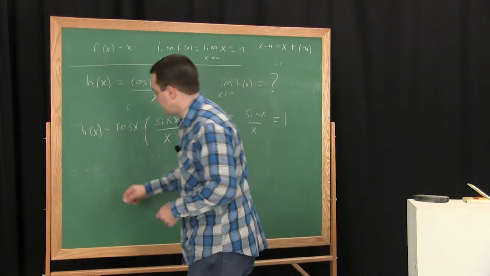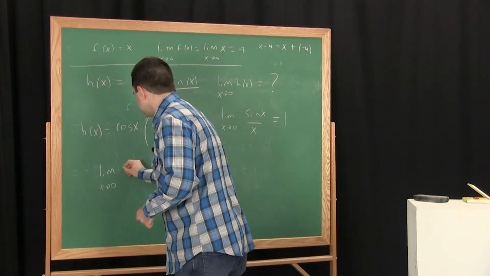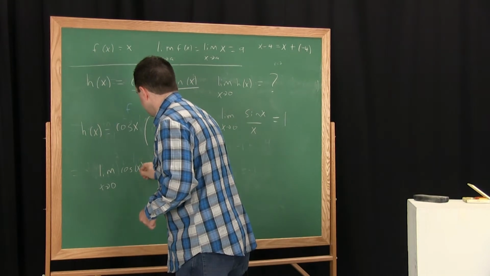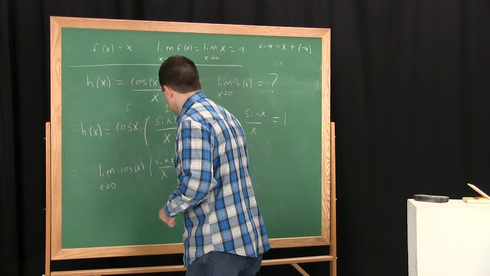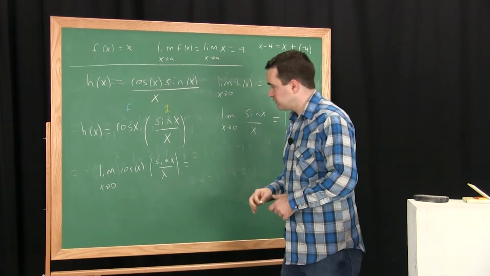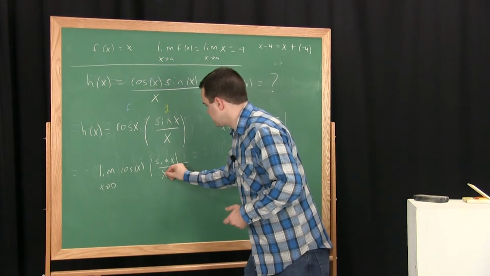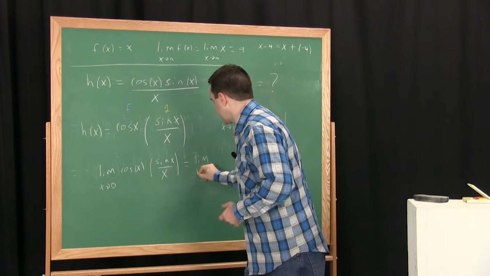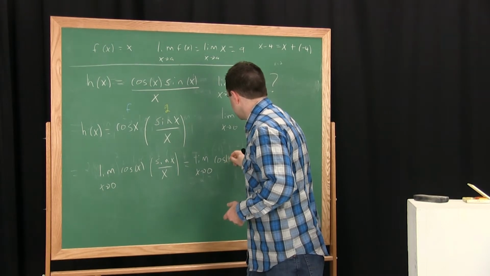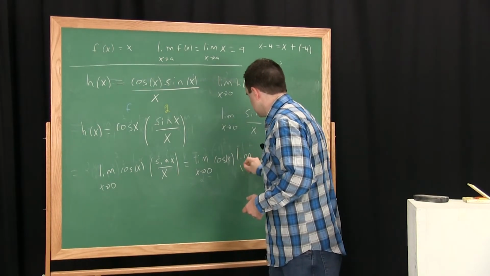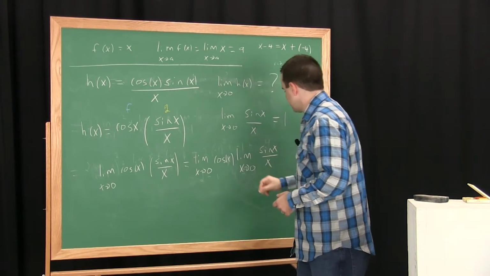So finally, when I calculate the limit as x goes to 0 of f times g, the limit law that actually works, not the quotient law, the product law, tells me this is going to be limit x goes to 0 of cosine of x times limit as x goes to 0 of sine x over x.